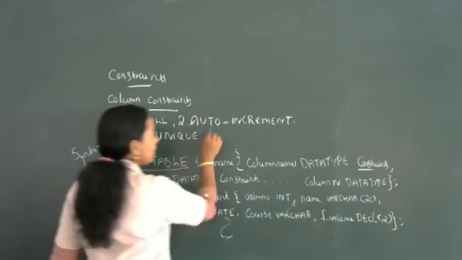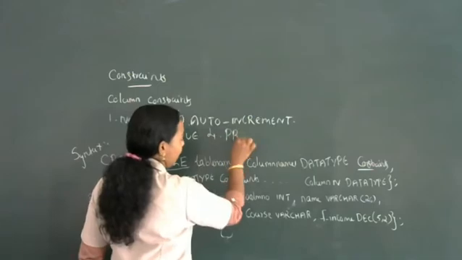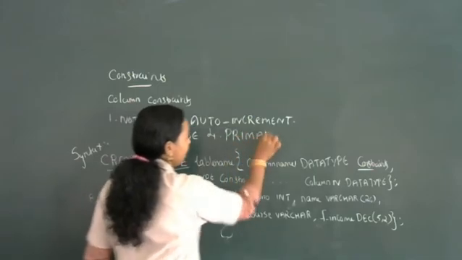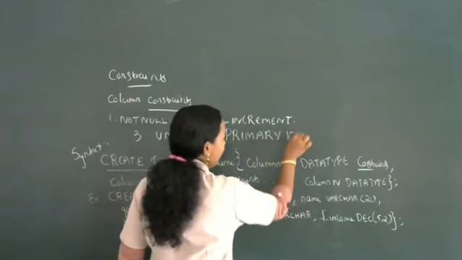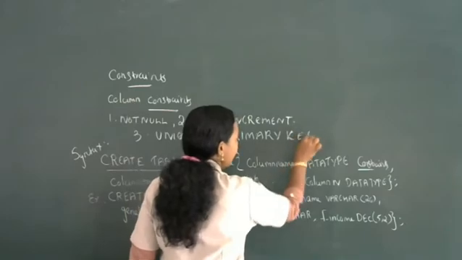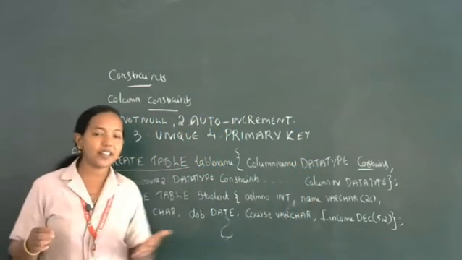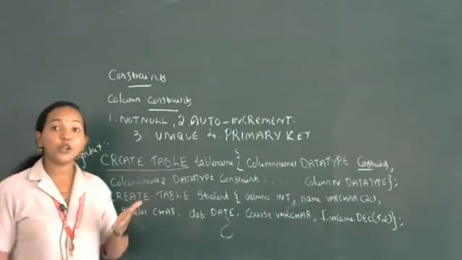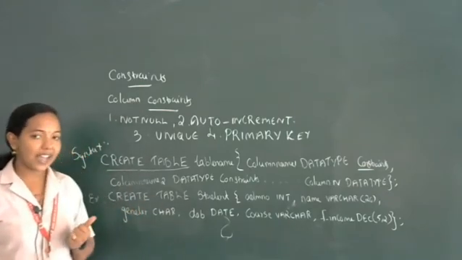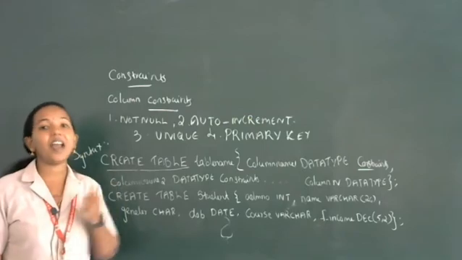Then the fourth one is very, very important, primary key. Primary key, we already studied. Primary key is one of the candidate keys and it acts as a unique identifier.